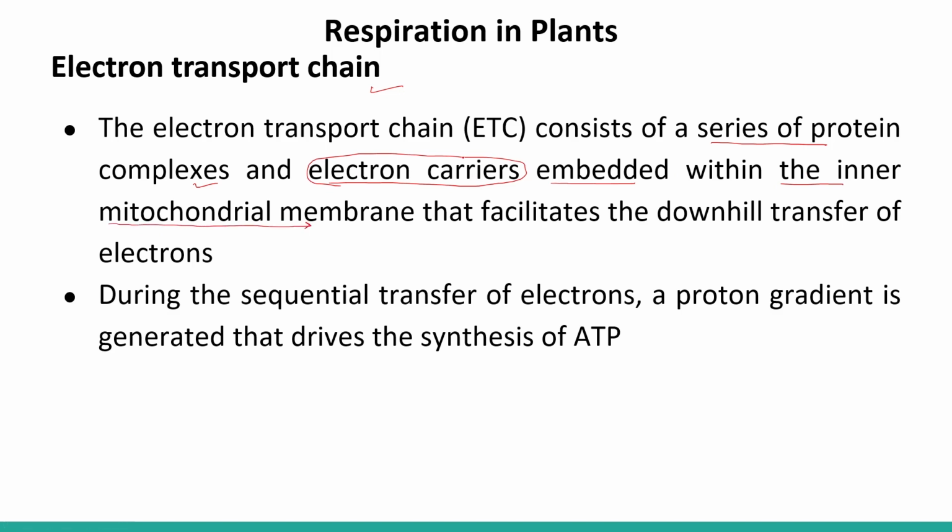These carriers and protein complexes facilitate the downhill transfer of electrons. During the sequential transfer of electrons, a proton gradient is generated that drives the synthesis of ATP through complex 5.